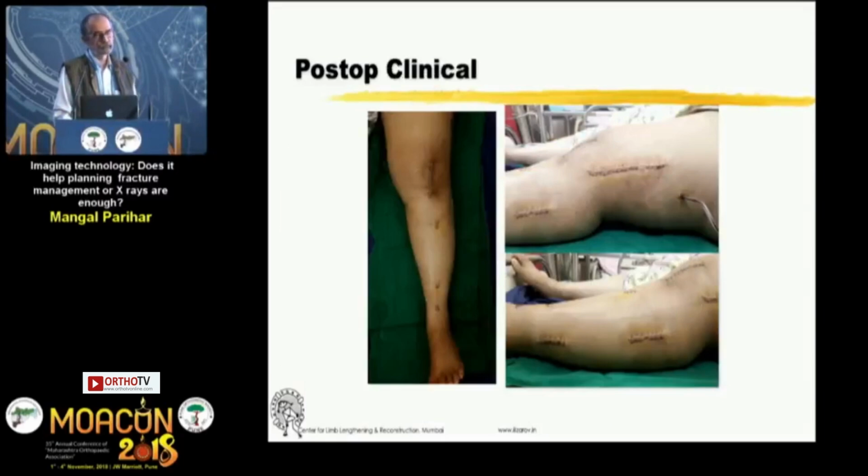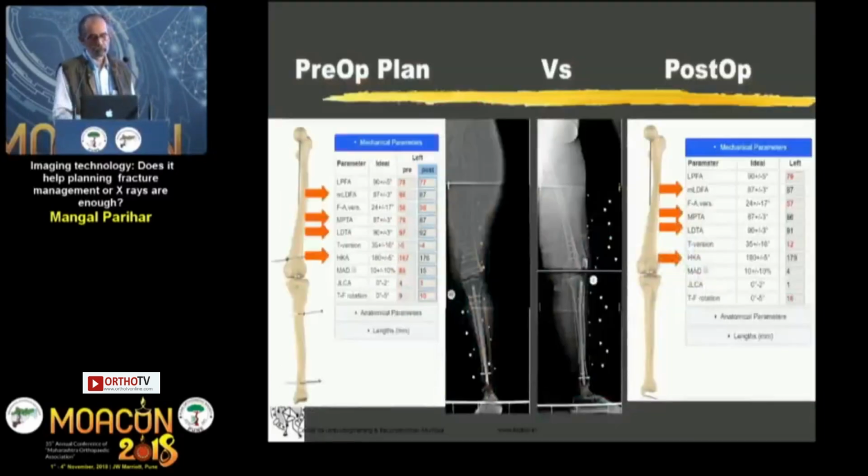post-operative clinical. And then what we did was, on her post-op limb, we've put the same markers and done that 3D X-ray again and allowed the software to calculate the angles again. So notice the LDFA pre-op, in the simulation, it was 87. Actually, we got 87. The MPTA was in the simulation 87.